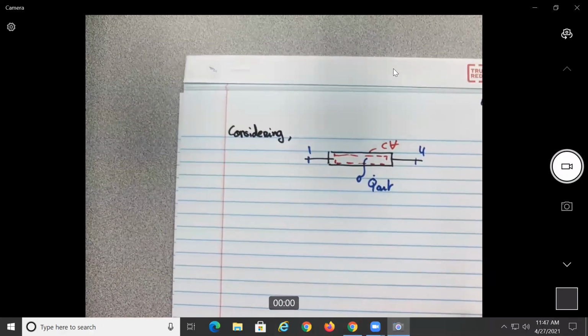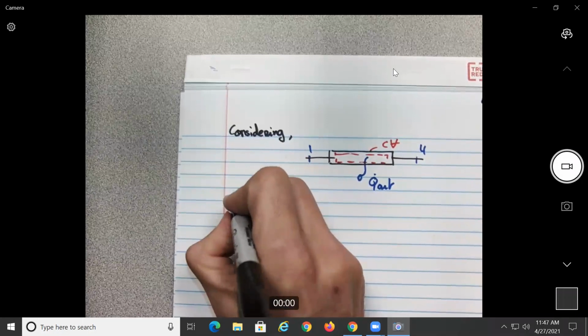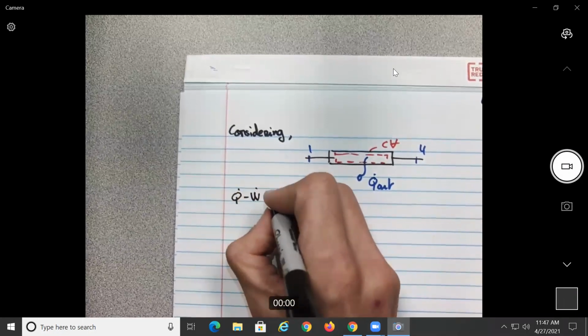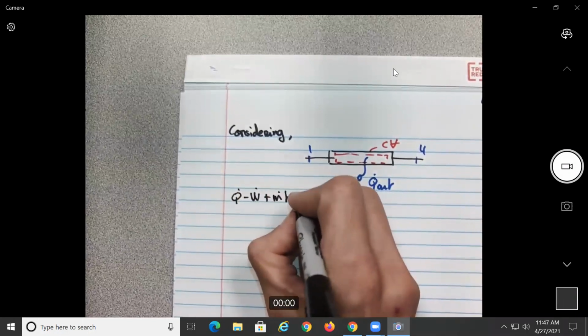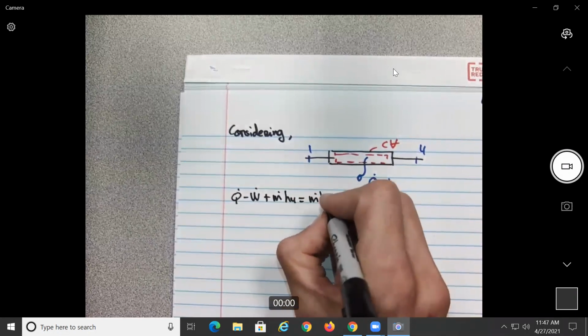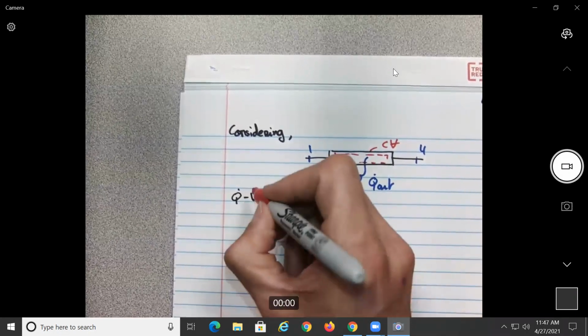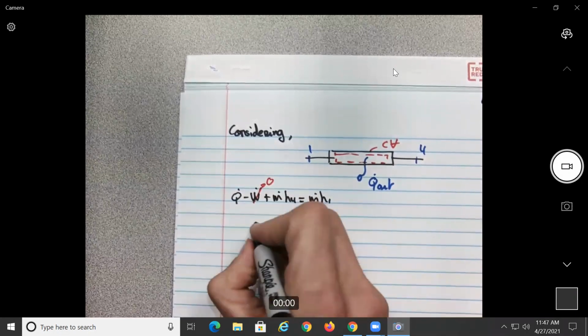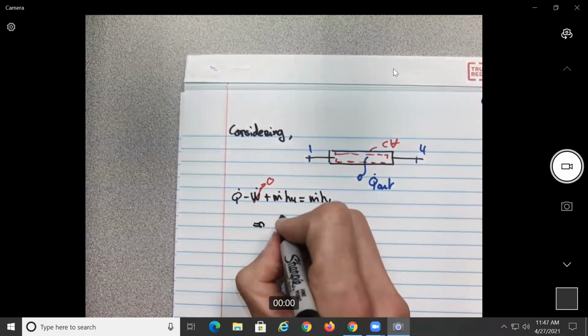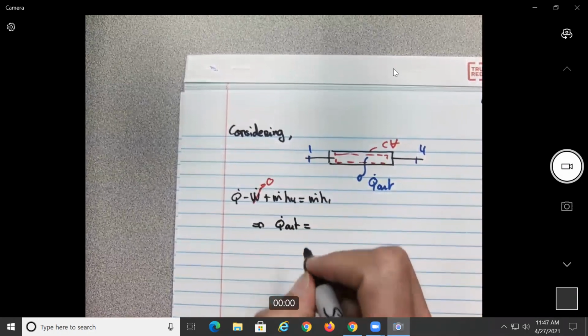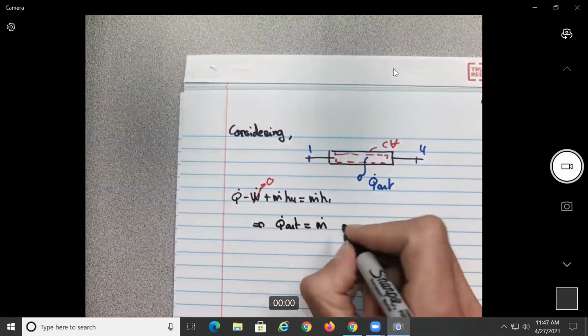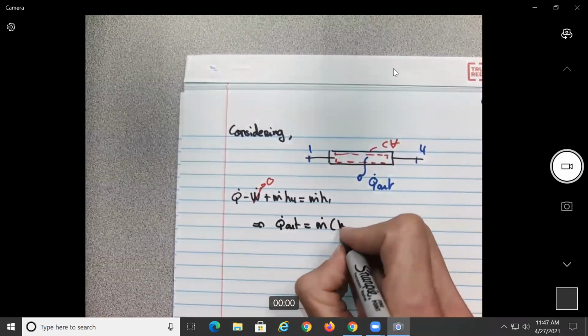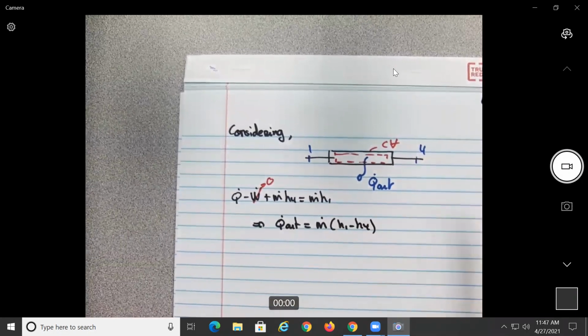We write down the first principle of thermodynamics, we get Q dot minus power plus M dot H4 equal to M dot H1. There is no power used or created over here. So this is gonna give us that Q out is equal to M dot H1 minus H4.